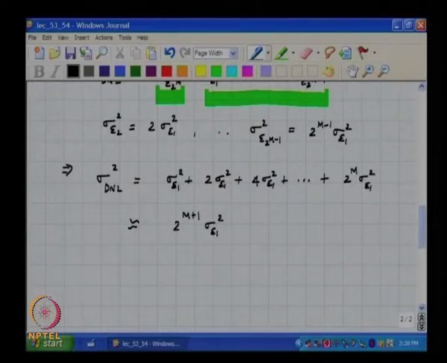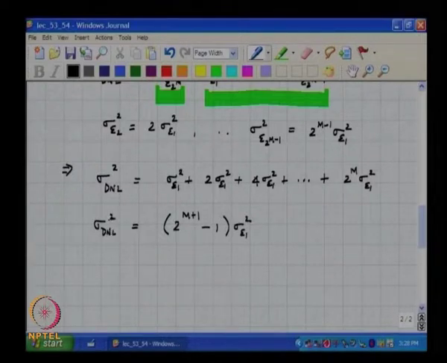Okay. Strictly speaking, it is 2 to the m plus 1 minus 1. Okay. So, if you want to be hair splittingly accurate, all right.